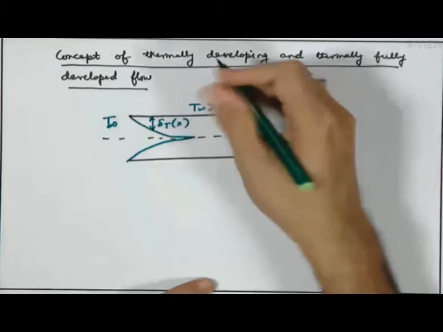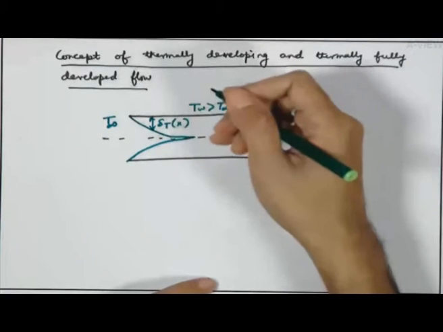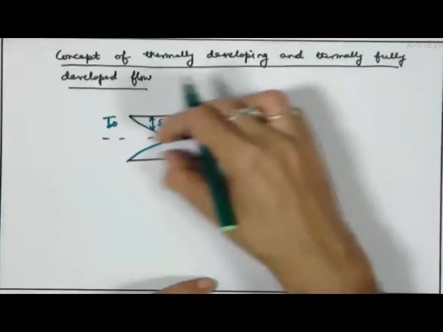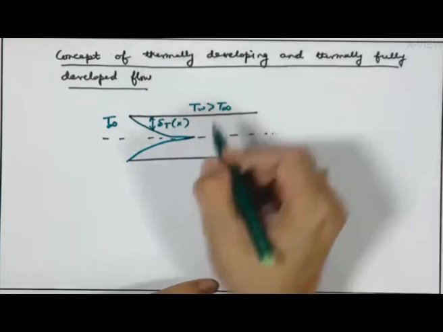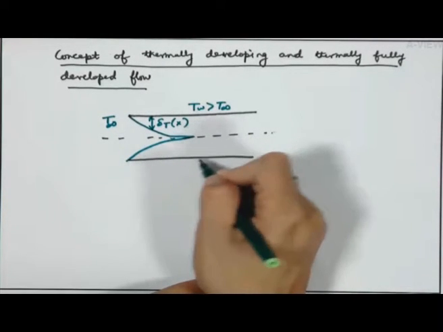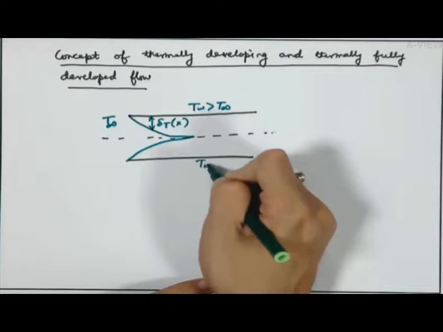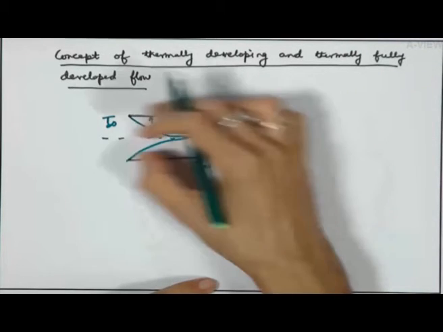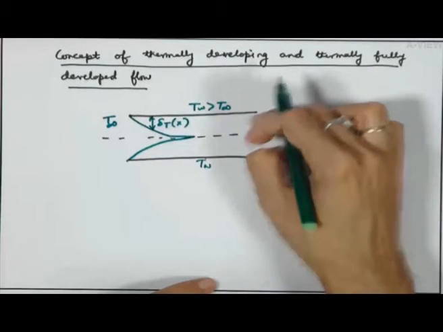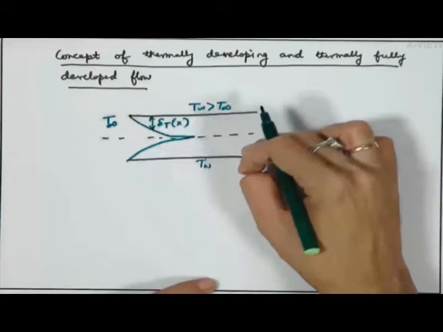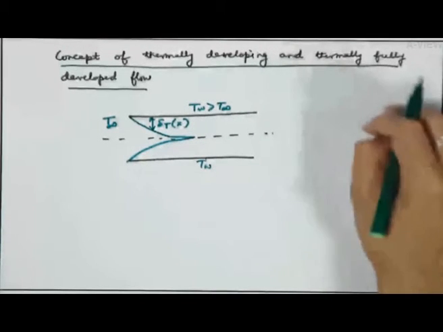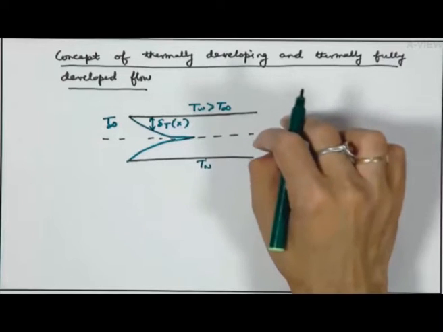Remember that the two walls may not be symmetrically heated, then the boundary layer growth will not be symmetric. But let us assume for the time being that this is also T wall, the same as this wall, and T wall varies along this wall the same way it varies along the other, so that everything is symmetric for simplicity.